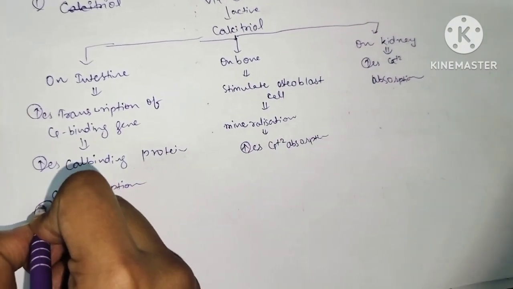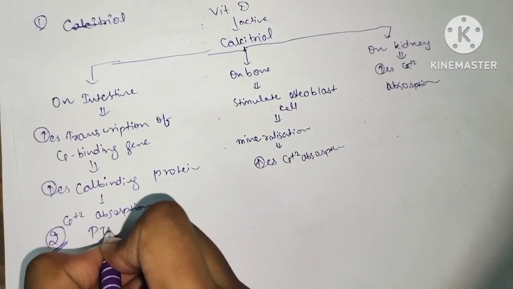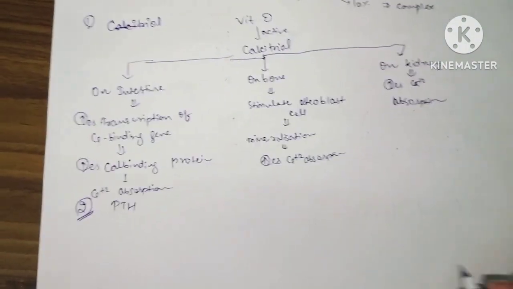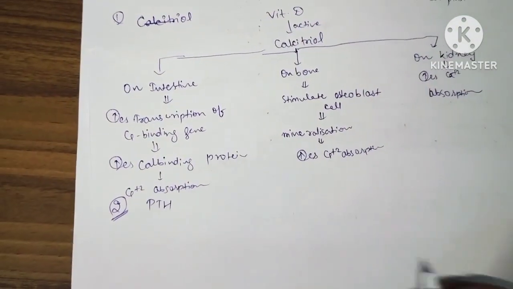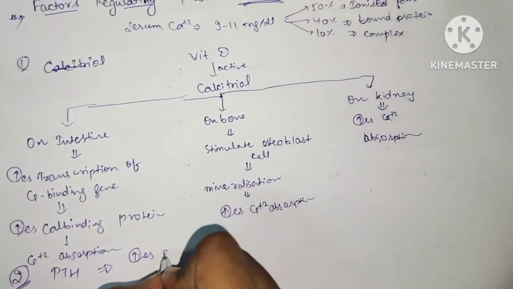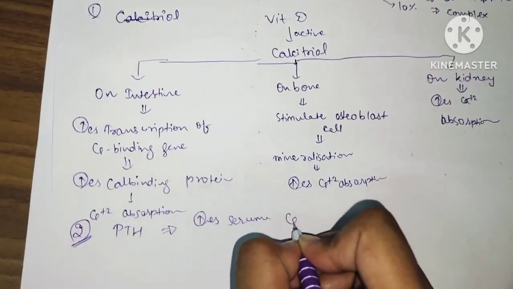Now, regulation by the parathormone, PTH. Parathormone is secreted by the 2 pairs of the parathyroid gland. The prime function of parathormone is to increase the serum calcium level.